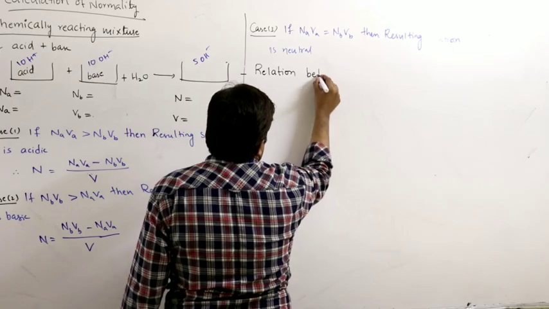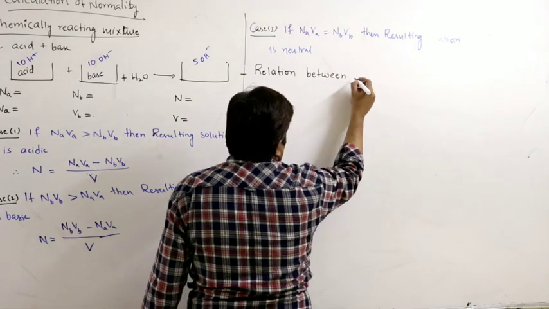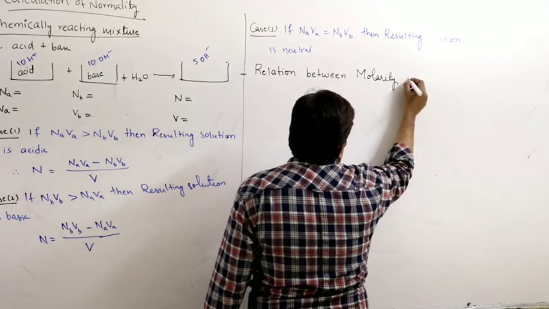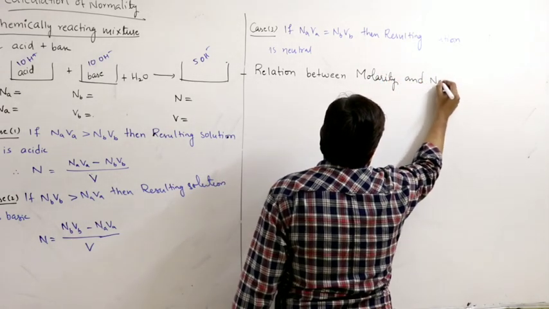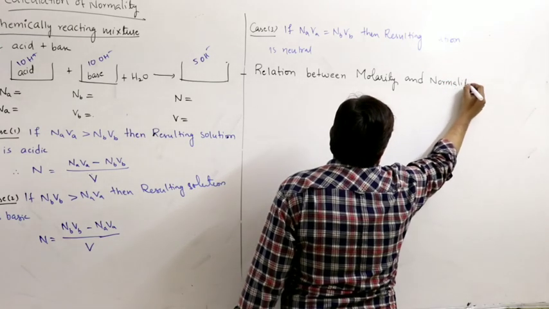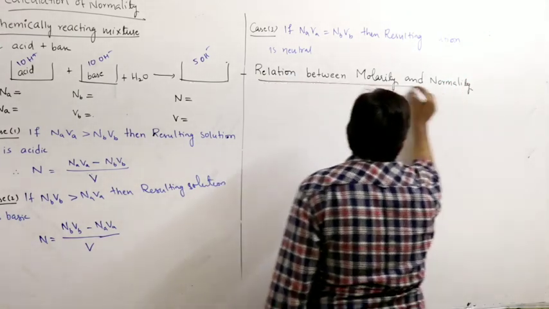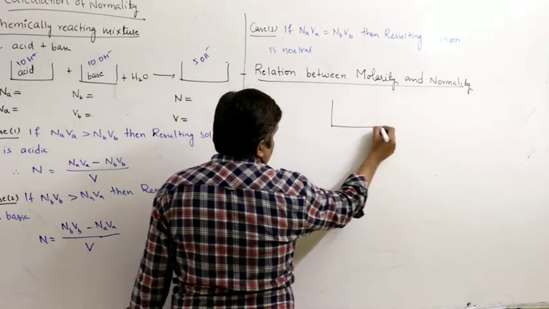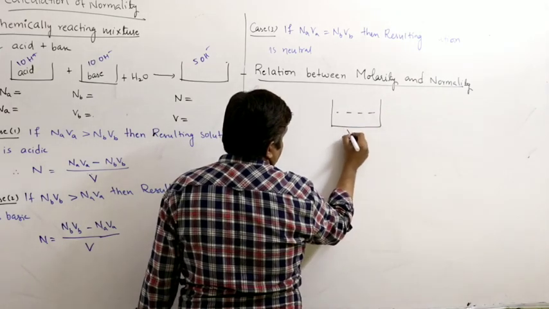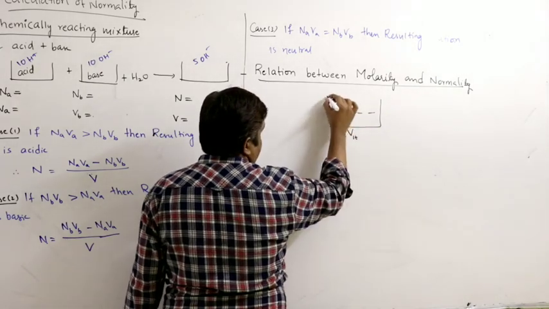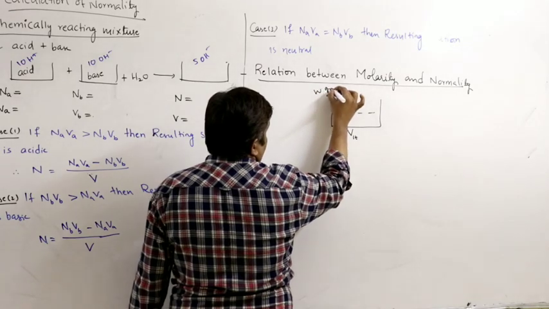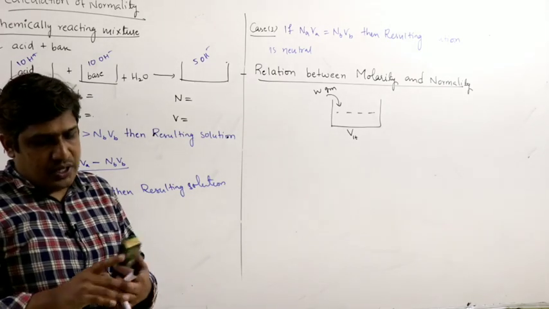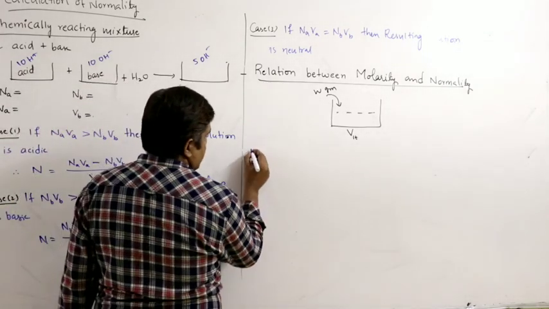So let us study the relation between molarity and normality. I am taking a solution whose volume is V liters and dissolving W grams of solute. So W grams of solute are dissolved in V liter solution. Can I find its molarity? Yes.